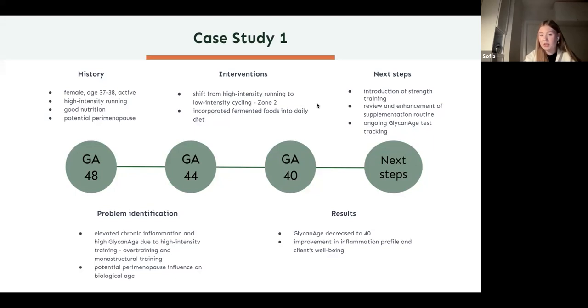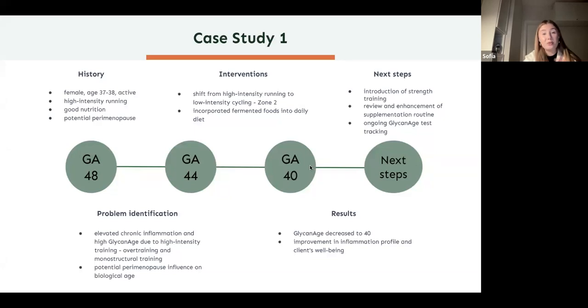After 6 months, she retested again and her GlycanAge dropped by 4 years, which was great. She felt better and her inflammation profile obviously improved as well. So the next steps for her that we would recommend would be introducing strength training, to review and enhance her supplementation routine. And this is what she did.